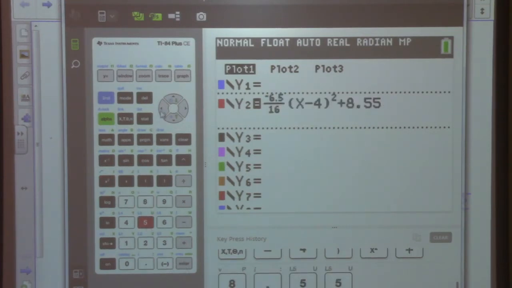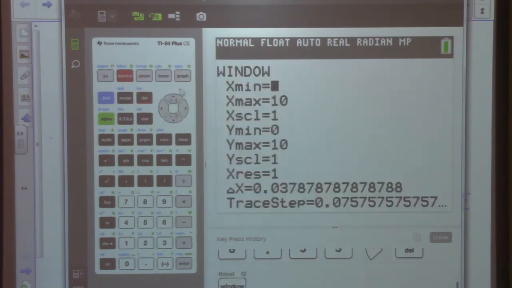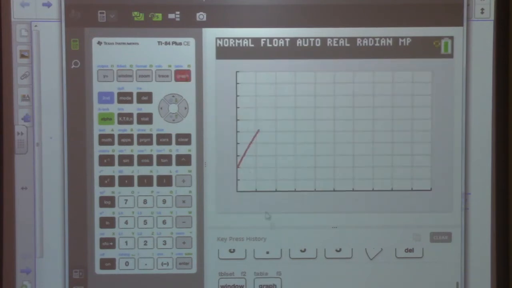Oops, I put 8.55. Here we go. And what happened is I set up the window to match exactly the dimensions of the graph. So that's one thing you can do for emulation purposes if you have a chance to. And then you graph, you get this thing right here.